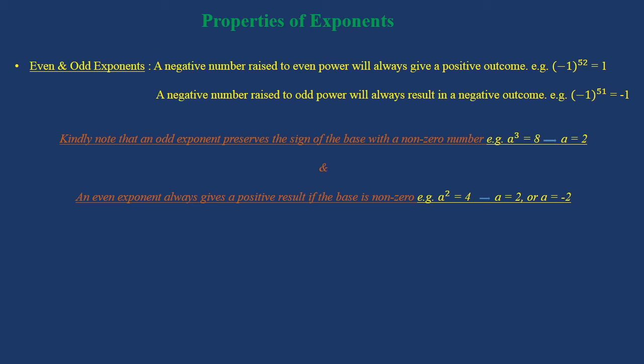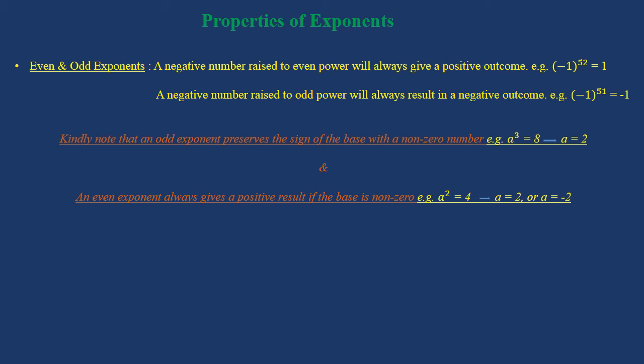For example, minus 1 raised to the power 51 is equal to minus 1. This is what we've already discussed earlier, which is that when a negative sign in the base is multiplied an odd number of times, we will get a negative sign with the base, right?